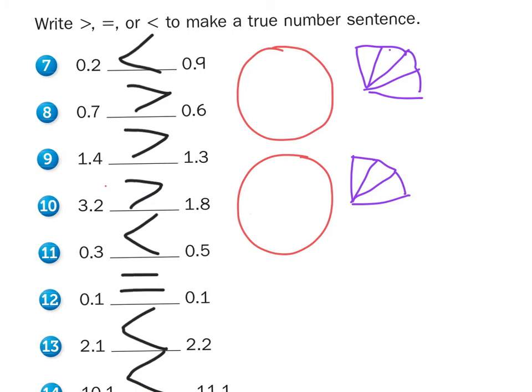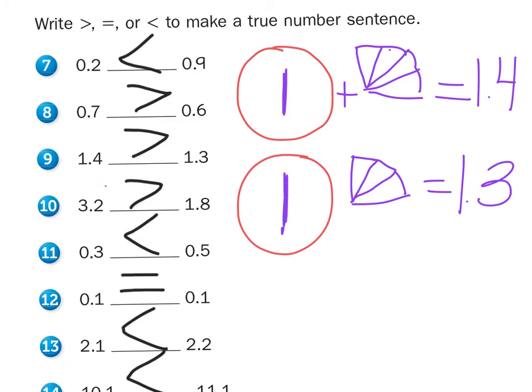So if we're looking at number 9, a visual representation, and you have your actual fraction pieces, so you can show this, but this is what 1 and 4/10 looks like. You have a 1 whole plus your 4/10, and this is what 1 and 3/10 looks like. You have your 1 and then your 3/10 here.